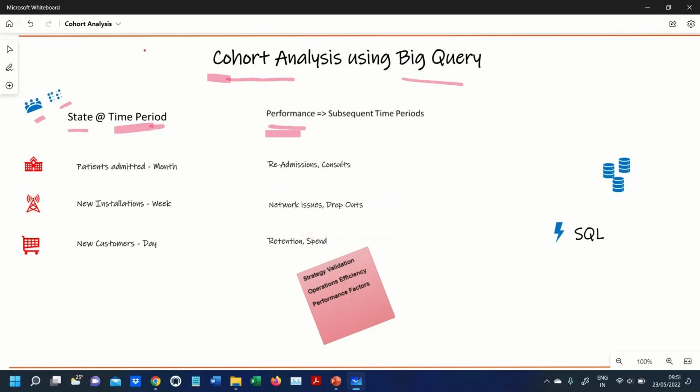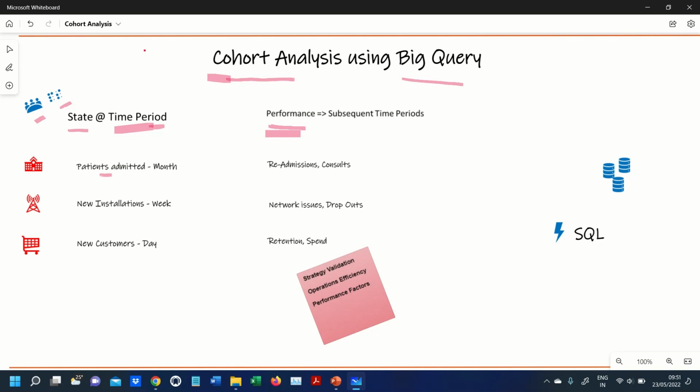Take for example, if you're considering a hospital, the number of patients admitted in a specific month. This can be over a period of time, that means months could be one cohort. So the patients admitted in January, the patients admitted in February, patients admitted in March, like that.